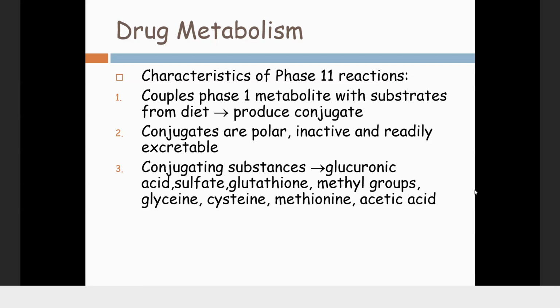They are inactive and readily excretable by the kidney. The conjugating substances I mentioned earlier include glucuronic acid, sulfate, glutathione, methyl groups, glycine, cysteine, and methionine. All these conjugating substances combine with the metabolite.